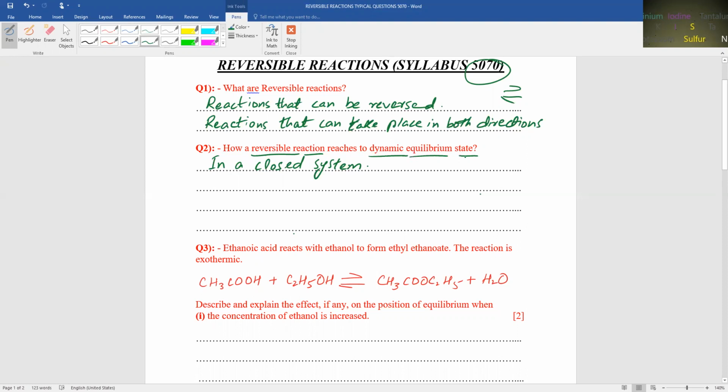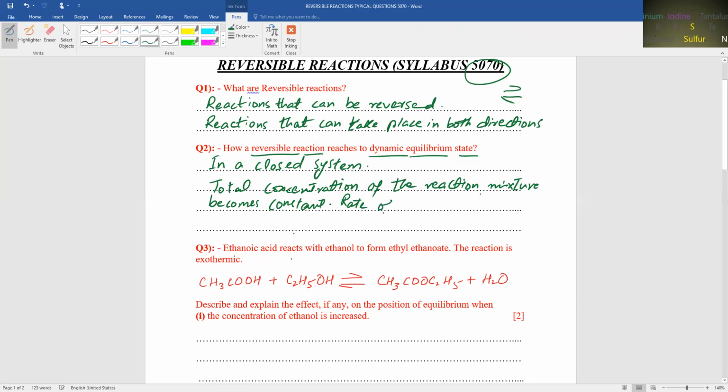The total concentration of the reaction mixture becomes constant. You can even write rate of forward reaction becomes equal to rate of backward reaction.